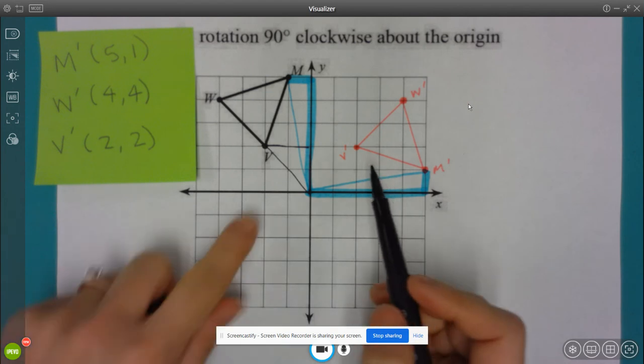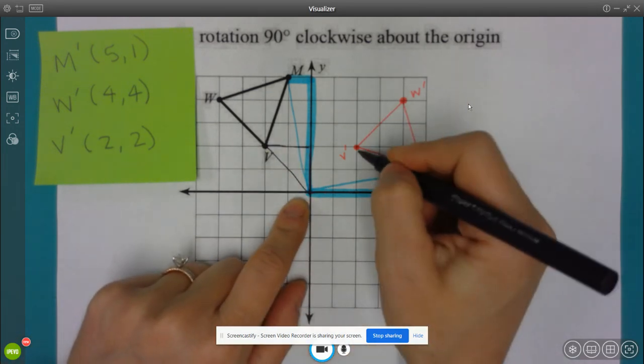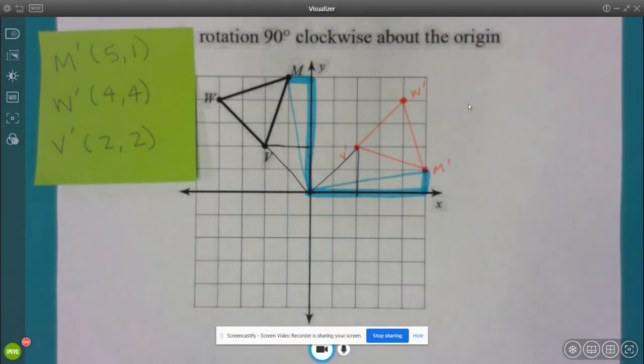triangle, because it's an isosceles triangle, is going to put me in the same basic vicinity, just in quadrant 1.